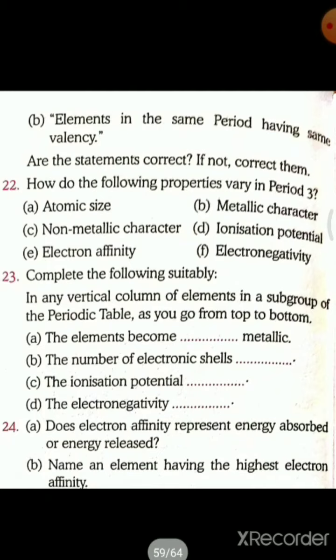Then 24. Does electron affinity represent energy absorbed or energy released? Electron affinity is the amount of energy released when an isolated gaseous atom accepts an electron to form an anion. So here the answer will be released. Then name an element having the highest electron affinity.